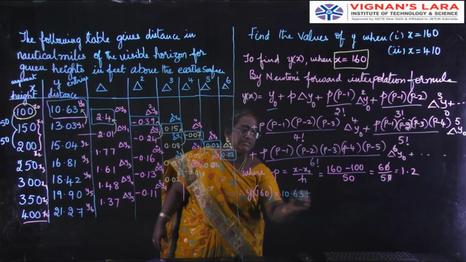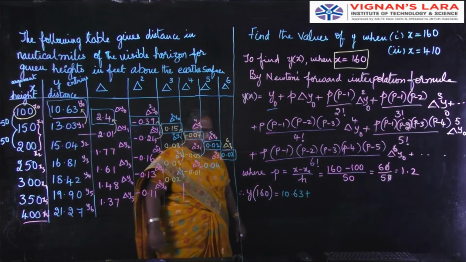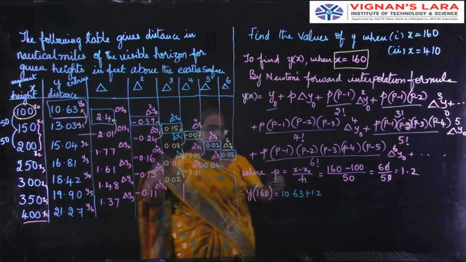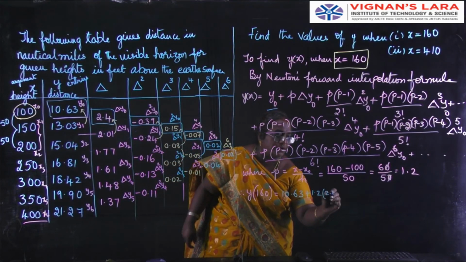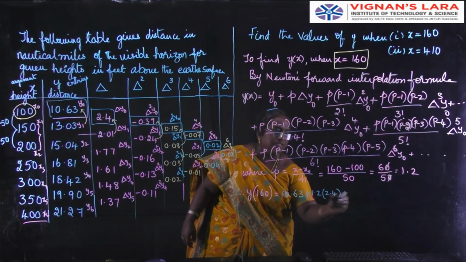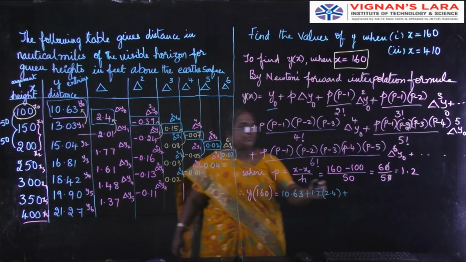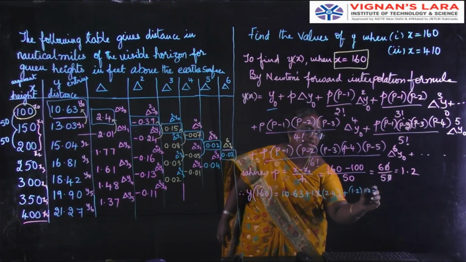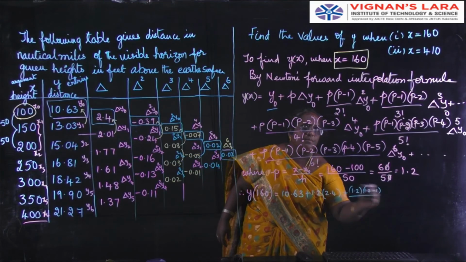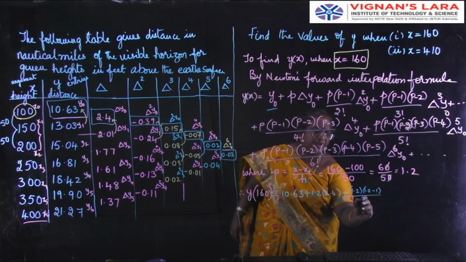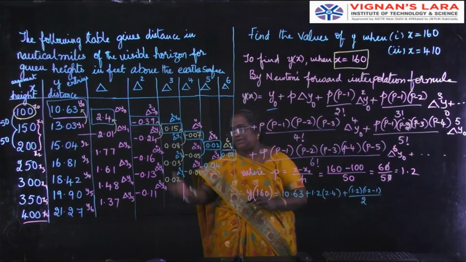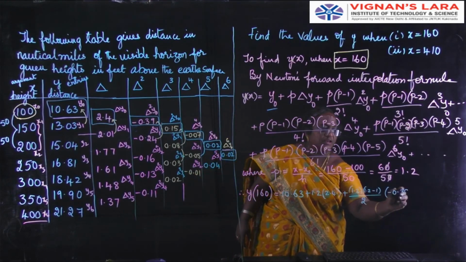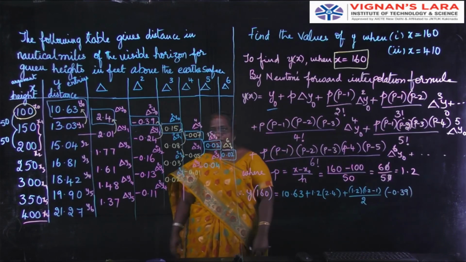10.63 plus p is 1.2 into del y naught, which is 2.4, plus p into p minus 1, that is 1.2 into 1.2 minus 1, by 2 factorial, which is 2, into del square y naught, which is minus 0.39.